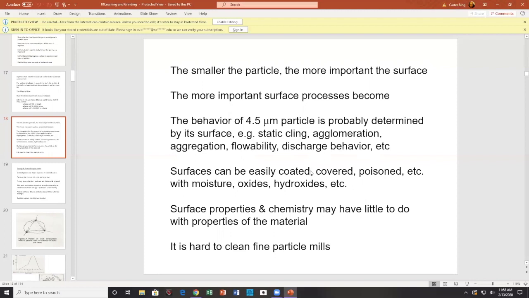Surfaces can also be easily coated, covered, poisoned with moisture, oxides, hydroxides, etc. So the surface properties and the chemistry of the particle may have little to do with the material inside the particle. An example of this behavior: it's hard to clean a fine particle mill.